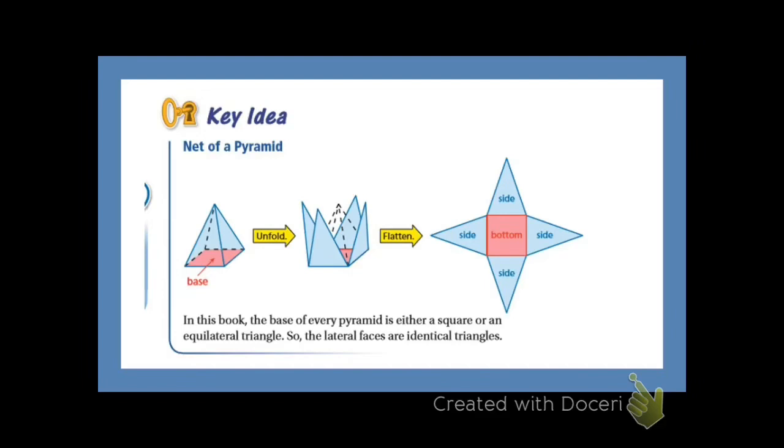So that's something to keep in mind. And they're showing you here, again, the base here is a square. When they unfold it, how many triangles do I have? I have 4. Why? Because I have 4 sides to my base. All right, and in this section, they will all either be a square or a triangle.